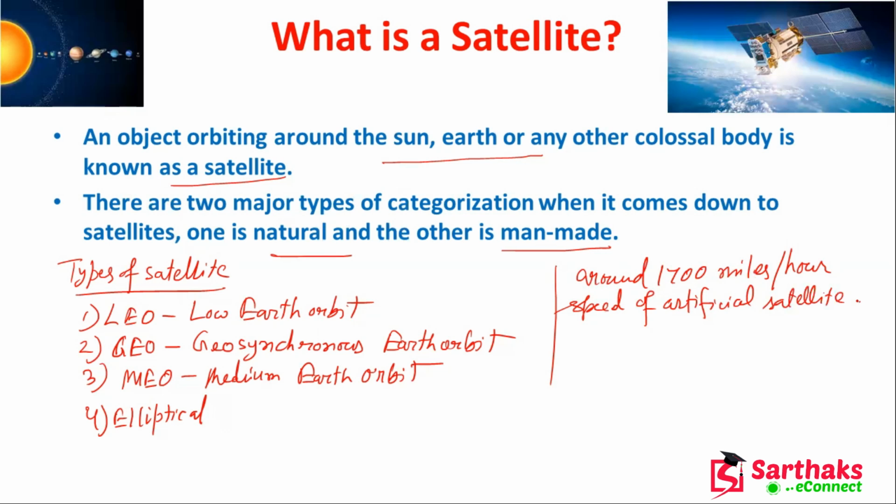Now, there are two main types of satellites, natural and man-made. Already we know that thing. Now, the largest satellite in the world is Jupiter's Ganymede.